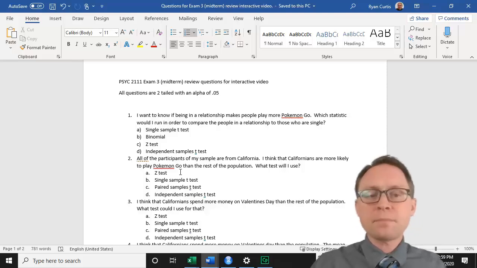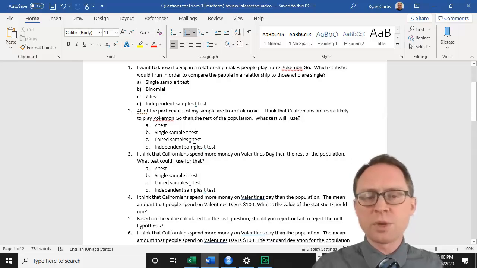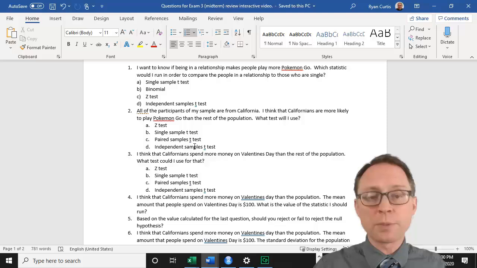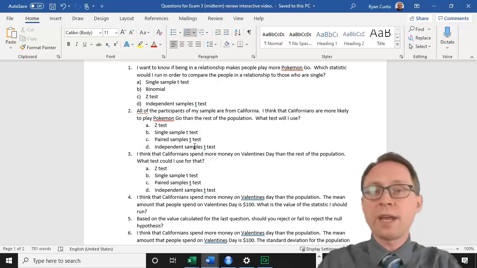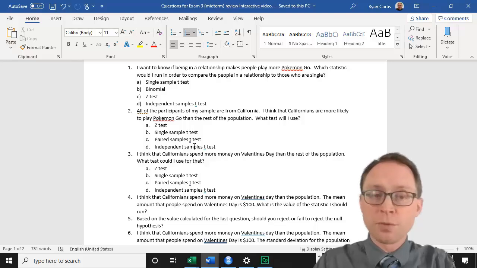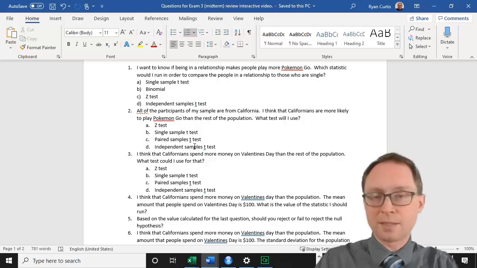Number 3. I think the Californians spend more money on Valentine's Day than the rest of the population. Now, what test would I use? For this one, I could use a z-test or a single sample t-test, depending on what information I have. So if I have the mean of the population, then I could use either one. If I have the mean of the population and the standard deviation of the population, then I can use a z-test.